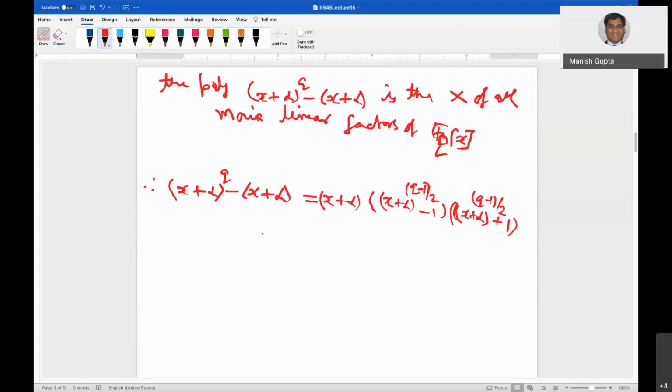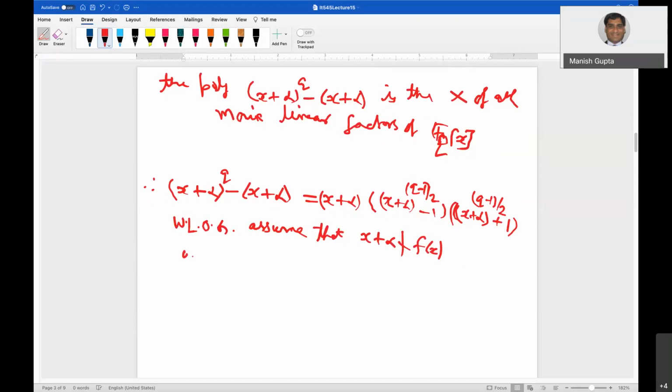Again, just like in the previous case, without loss of generality, we can assume that x plus alpha does not divide f(x).